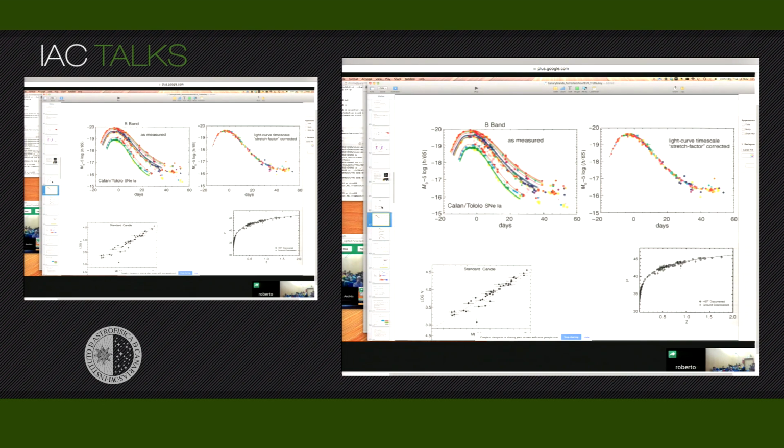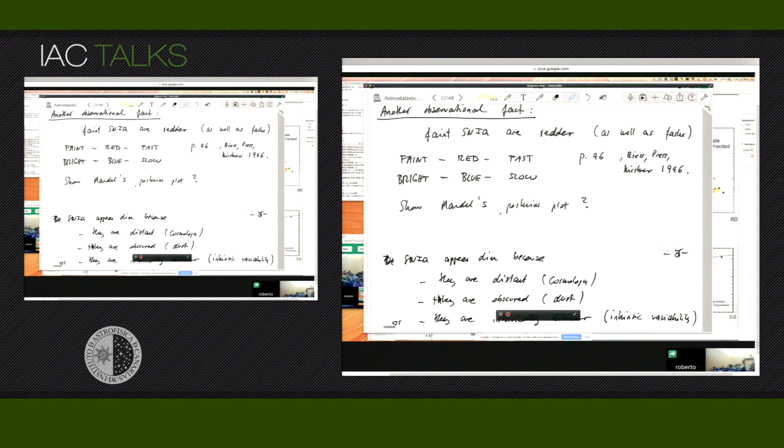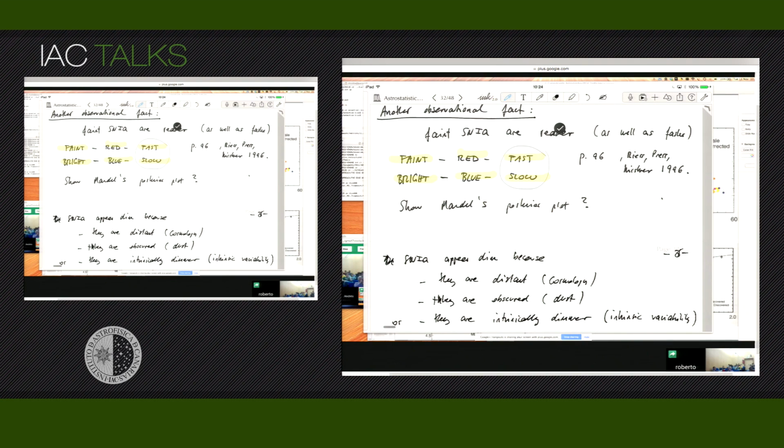So what we end up with is a picture where we have intrinsically fainter supernovae that are redder and fast decliners, and intrinsically brighter supernovae that are bluer and slow decliners. And so the point is that we can observe how long it takes for them to fade away by measuring the shape of the light curve.